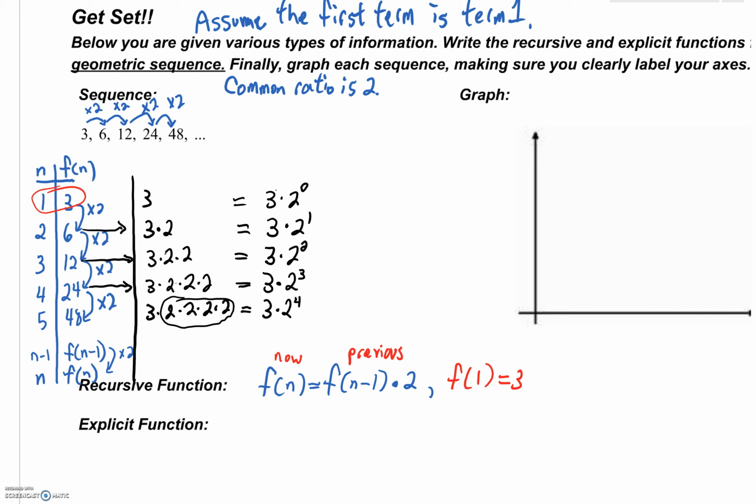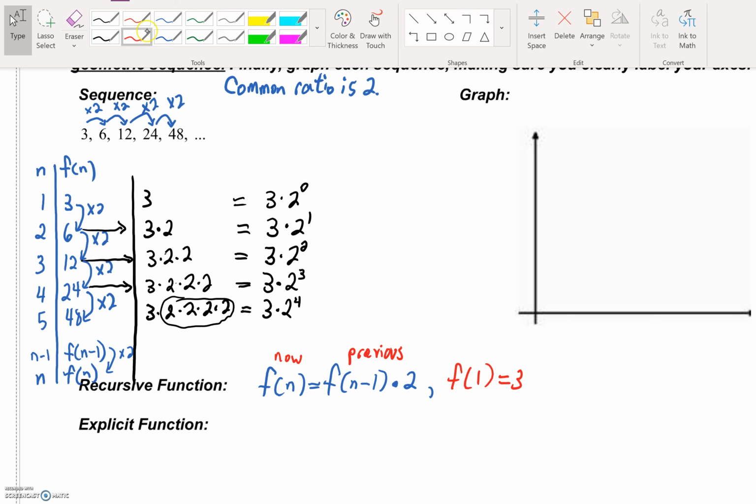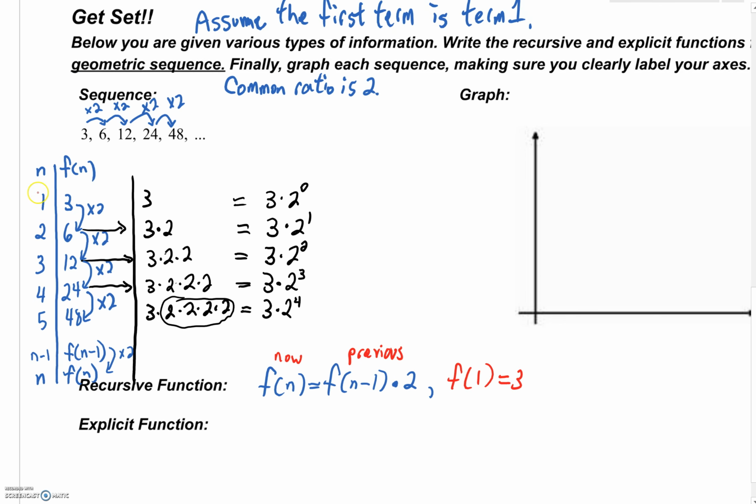But all the same, to help us really visualize what we have here, please pay attention to the term number that we have right here and these exponents. And that's really what we'd like to look at.